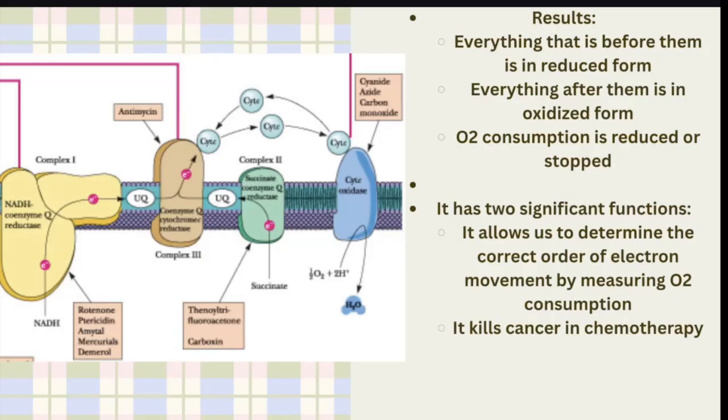Now if we have antimycin given, it's going to bind to complex 3 and prevent any electron from passing through it. So what's going to happen to everything before complex 3? It's going to still have the electrons on it, so it's going to be reduced. And whatever is after complex 3 is going to be oxidized. Is this clear?